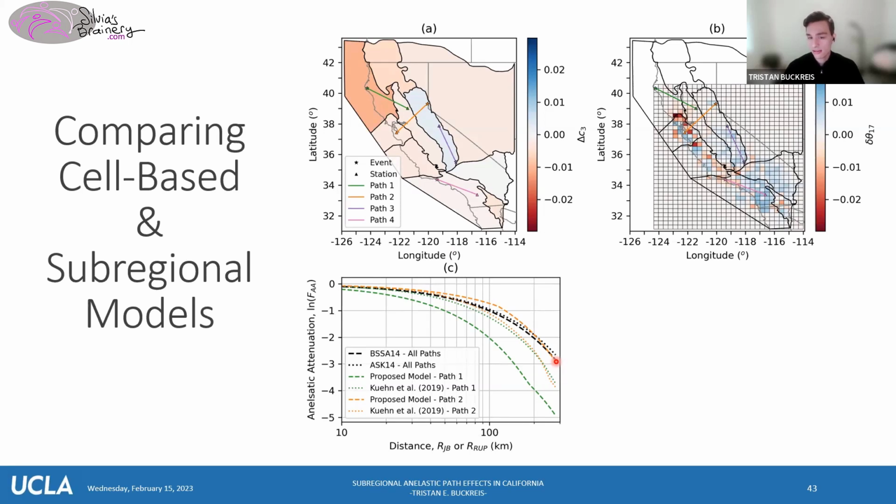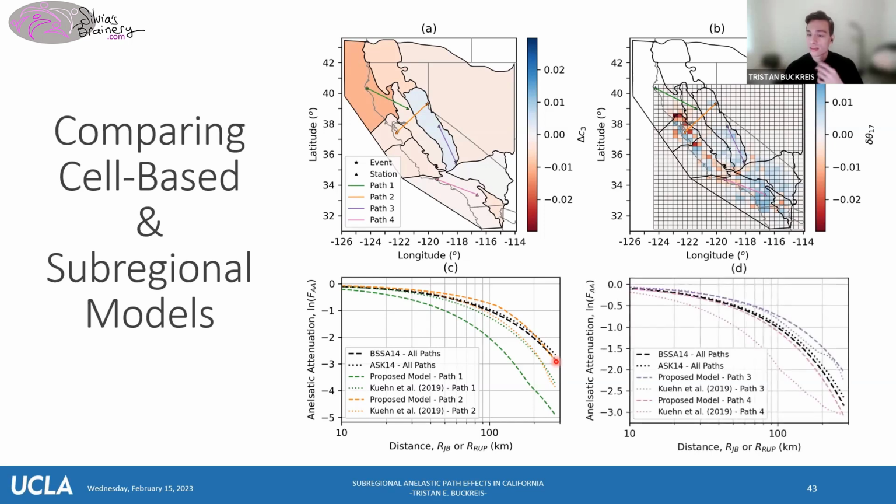Now, to test that, because I used the word average attenuation very carefully, we have paths 3 and 4, which travel entirely within one subregion where the paths have good data in Kuhn et al. So first, starting with the pink, which is the path through the Sierra Nevada, the dashed and the purple lines are pretty close to each other.